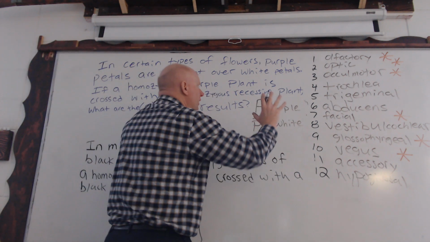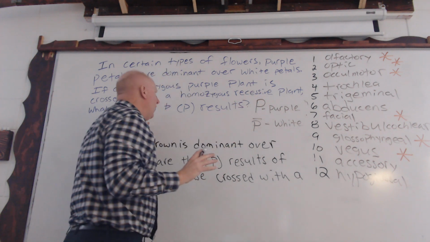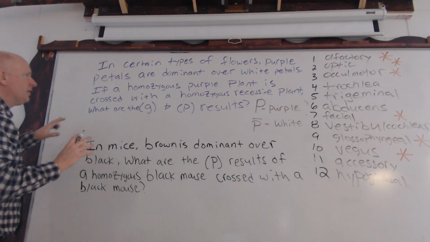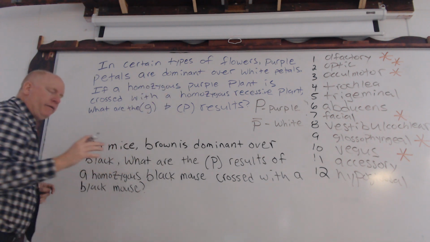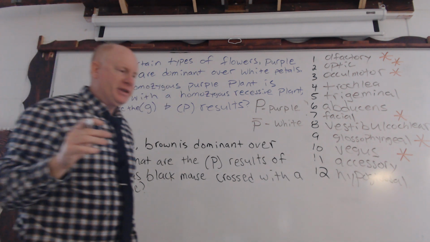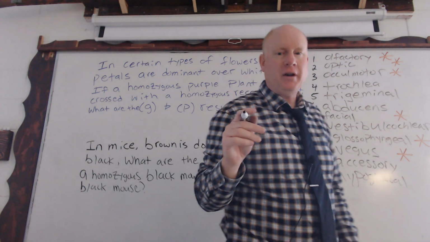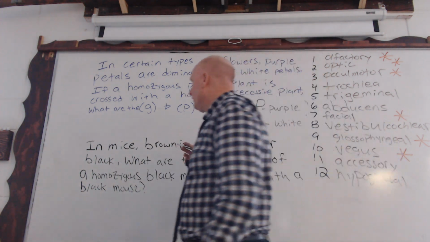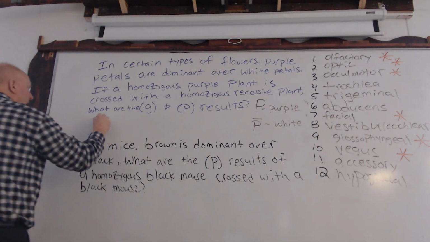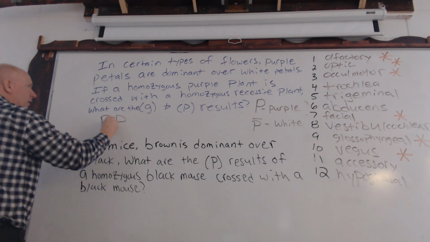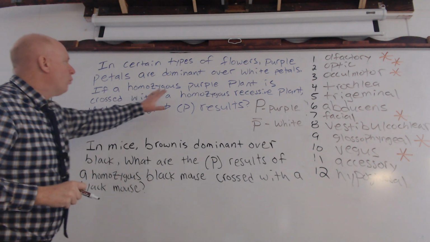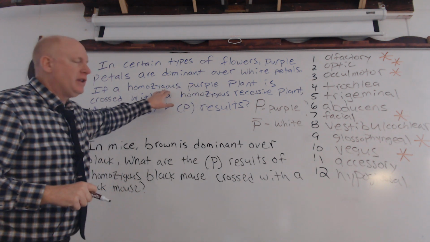So here is where we would put the vocabulary to work, because it says a homozygous purple plant. Again, from last week, homozygous meaning that both alleles are the same. So in this case, we've got a capital P and a capital P. Because for one, it's purple, and it says that it's homozygous.